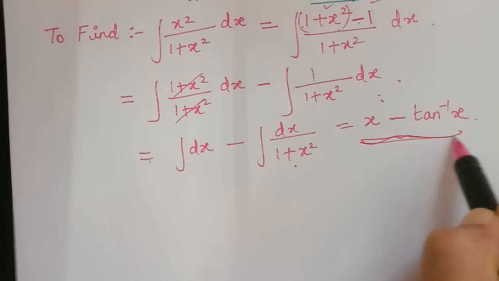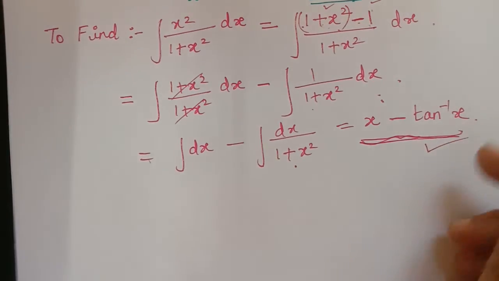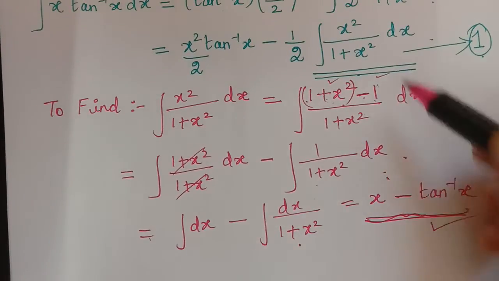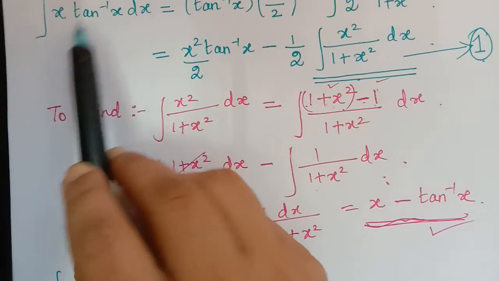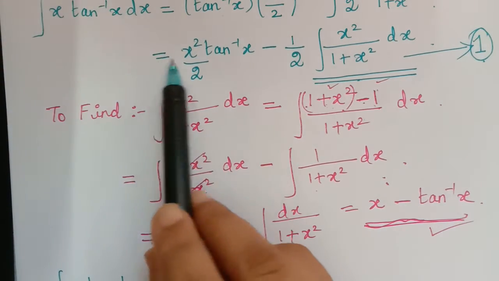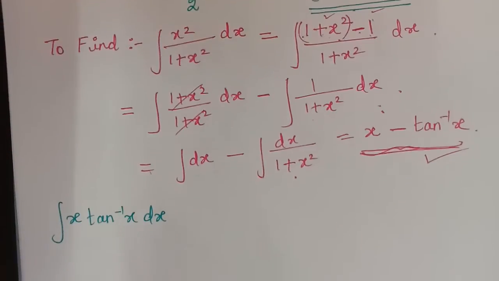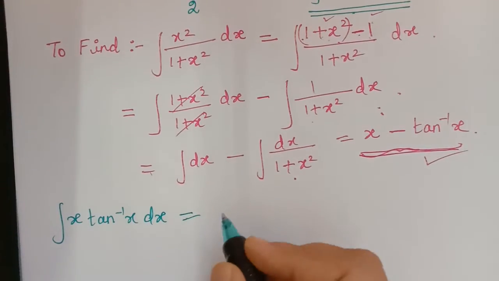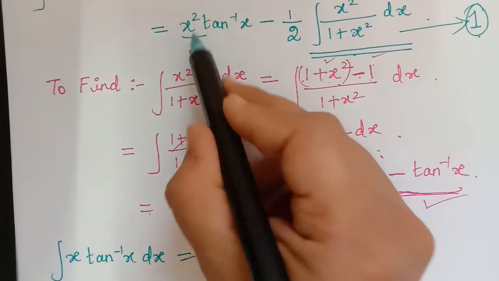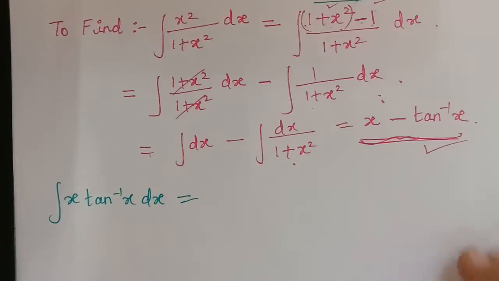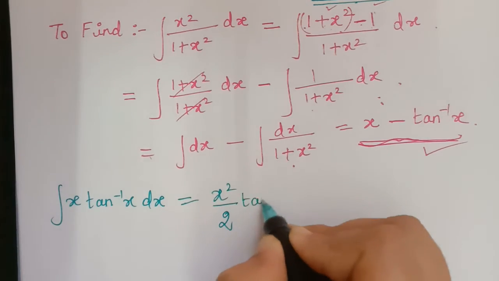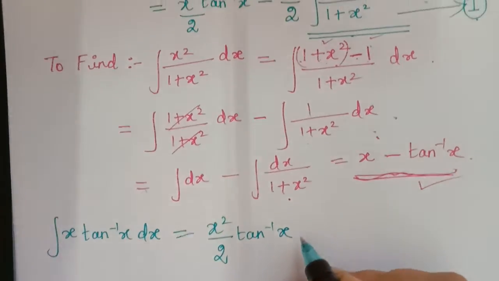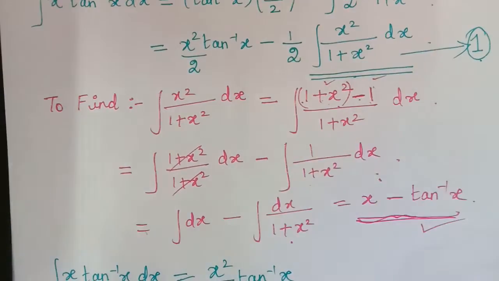Now let us take this and substitute in equation 1, that is in this. So we get that to be integral x tan inverse of x dx is equal to, so I have taken and written that here. So that is equal to, first this term we will write x squared by 2 tan inverse of x. So x squared by 2 tan inverse of x, and then we have minus 1 by 2.